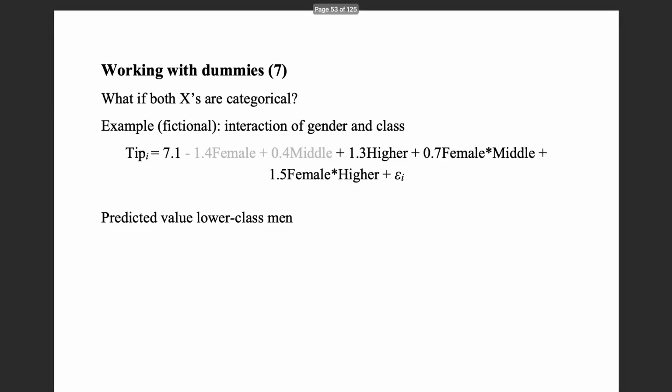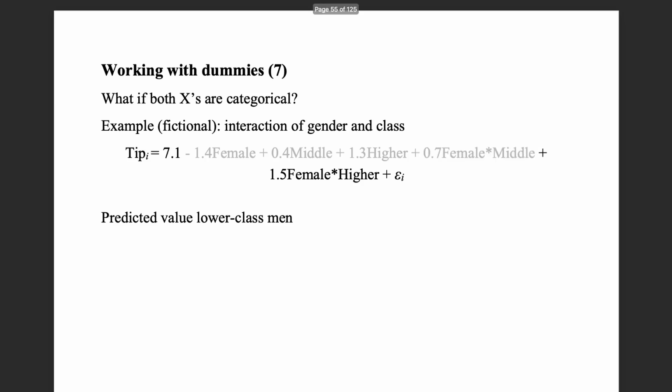And the same thing goes for the coefficient for the middle class dummy, because these are not middle class men, these are lower class men, so the middle class dummy would take the value 0 for these cases. Therefore, also this part of the formula would be multiplied by 0. And the same thing is, of course, true for the higher class dummy. That would also take the value of 0 for lower class men because they are not higher class. So also that regression coefficient of plus 1.3 would be multiplied by 0, which means that it's just 0 and we can drop it from the equation.